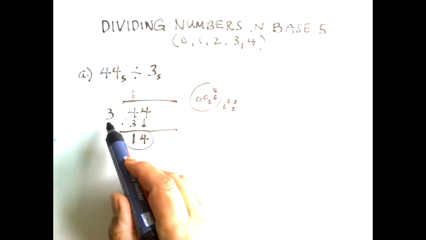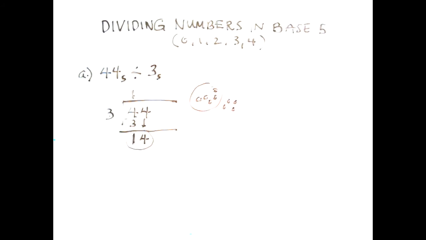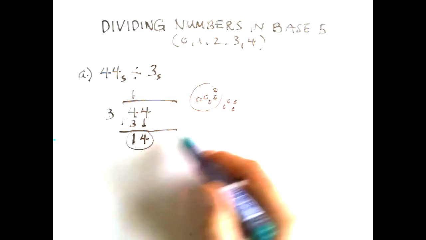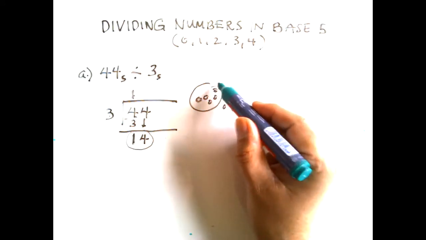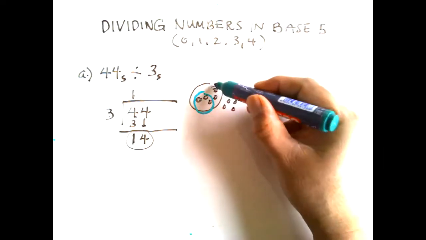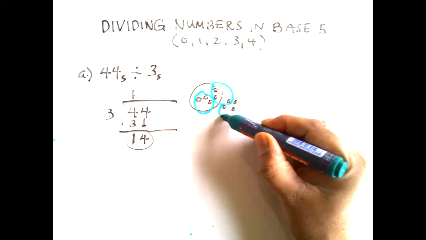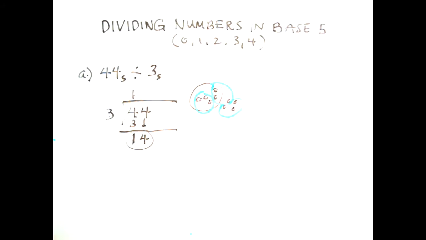In a way, how many 3's go into this? We have 3, another 3, and another 3. So in a way, it goes 3 times.